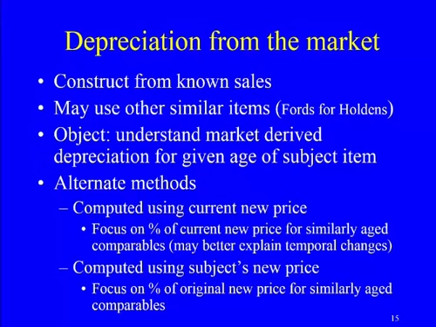However, in general, by choosing the current new price of a comparable asset, hopefully as similar to the subject as possible, we're able to set up a single fixed reference for depreciation that we can then relate all of our sales to. And so you will find that while you can use the other method, working against current new price does tend to give you a stronger result than working against the subject's historical new price.